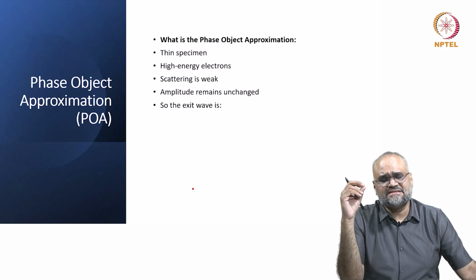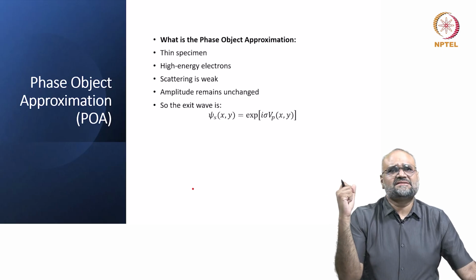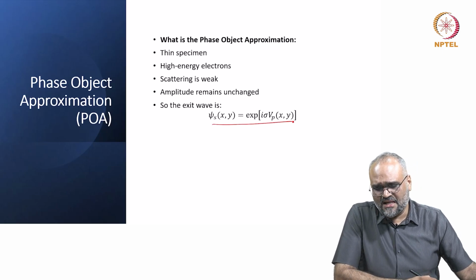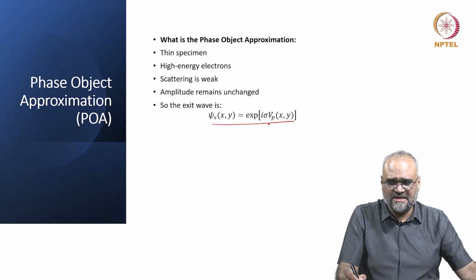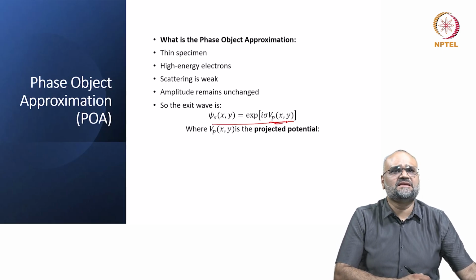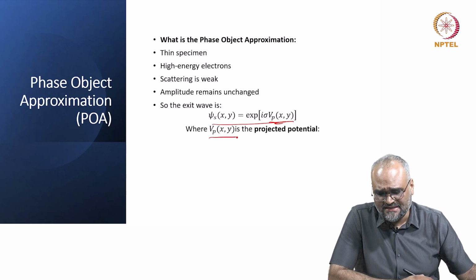As a consequence of this kind of approximation, you can get the exit wave as psi s is exponential i sigma times Vp of x comma y, where this is my electrostatic potential. This is what we have seen here. The projected potential is the other term that we use for this.